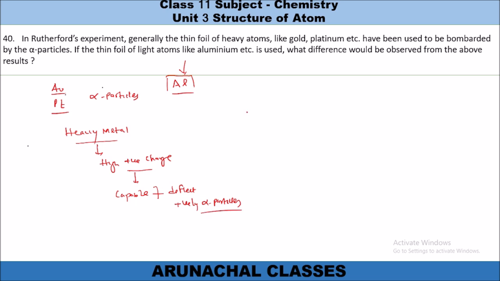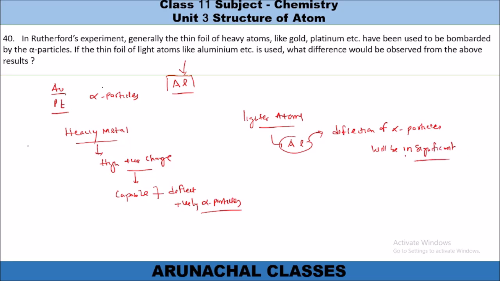And in the case of lighter elements like aluminium, the deflection of alpha particles will be insignificant, or we can say it is not proper.